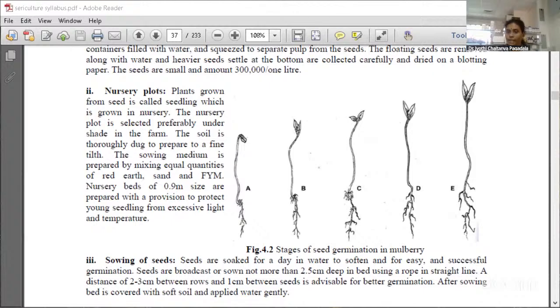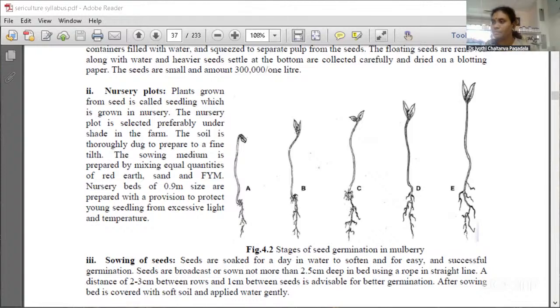With the help of the rope, we can measure in a straight line a distance of 2 to 3 centimeters between rows and 1 centimeter between seeds, which is advisable for better germination. After sowing, the bed is covered with soft soil and water is applied gently.